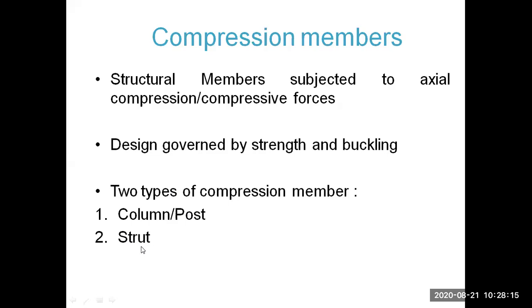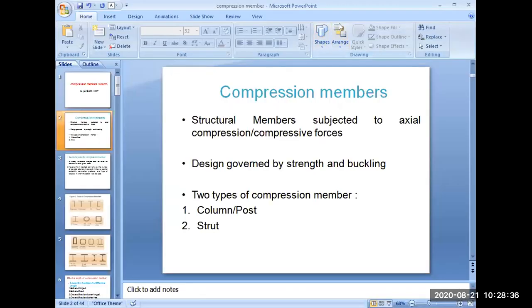What is meant by continuous strut? The continuous strut is a compression member which is continuous over a number of joints, and a discontinuous strut is a compression member which runs between two adjacent joints.